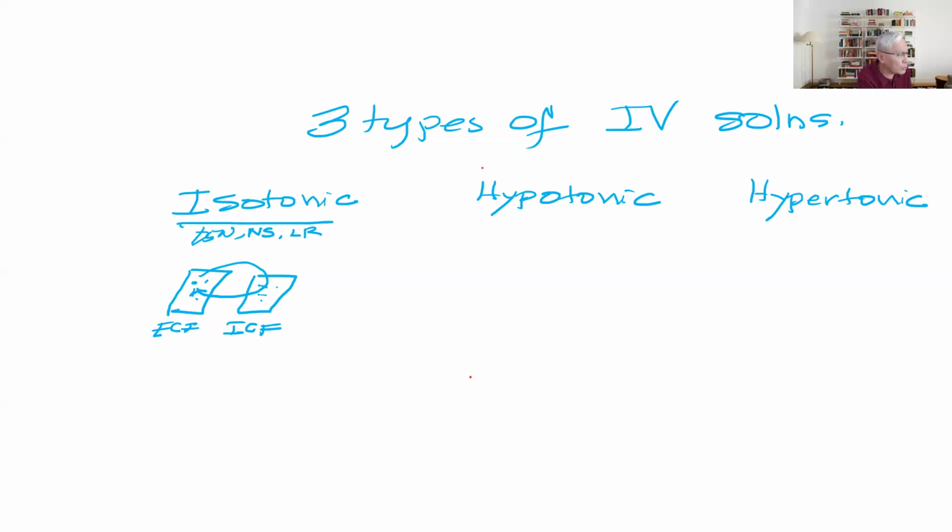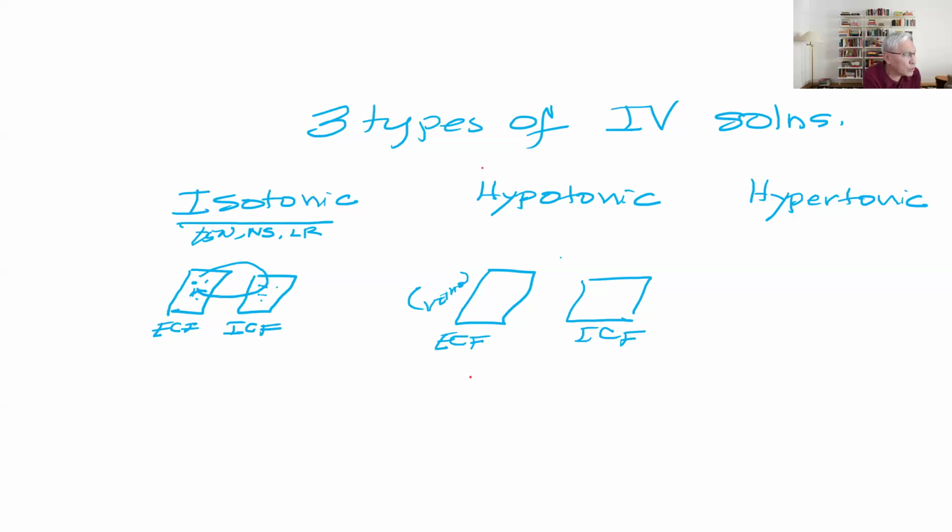Now, a hypotonic solution means to say, okay, so if this is the extracellular fluid compartment, so this would be your veins, for example, and this is your intracellular fluid compartment.